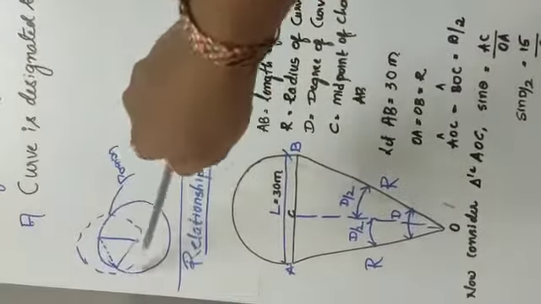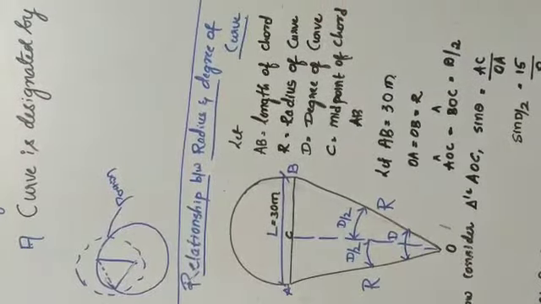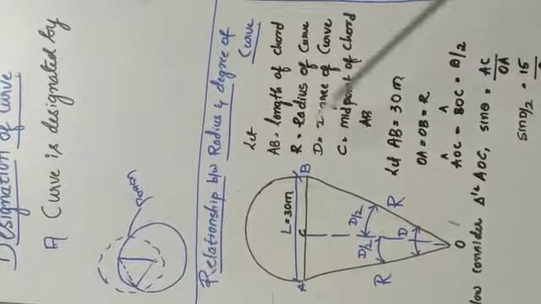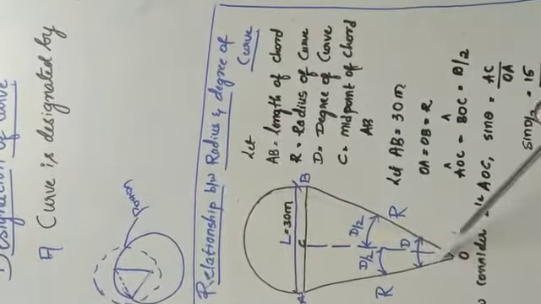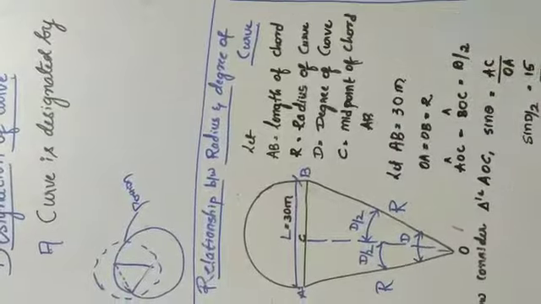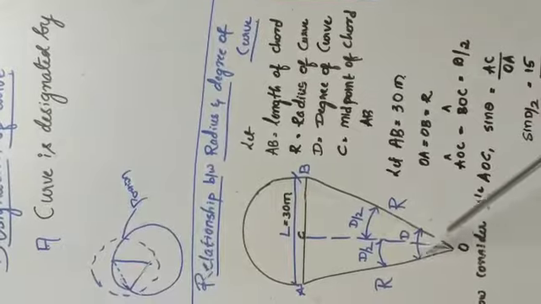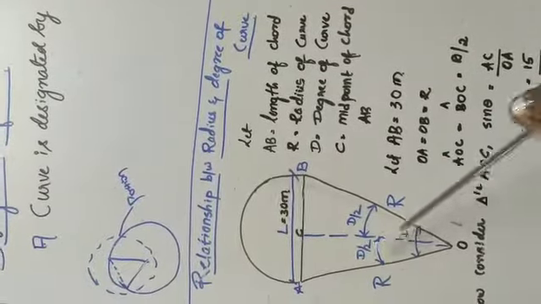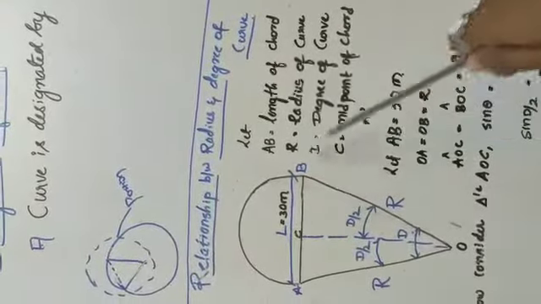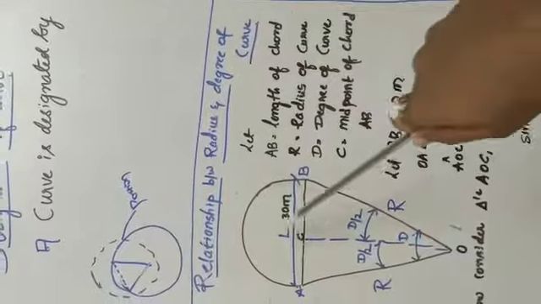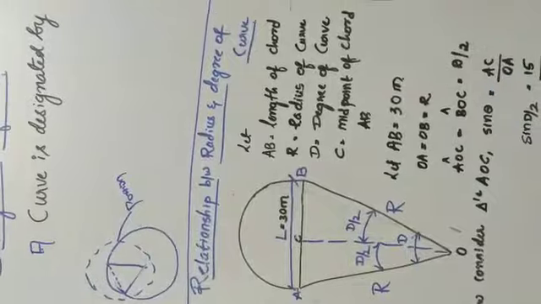This portion has been extended and written, where AB is the length of the chord and R is the radius of the curve, that is OA and OB, where D is the degree of the curve, that is the angle AOB, and C is the midpoint of the chord AB.